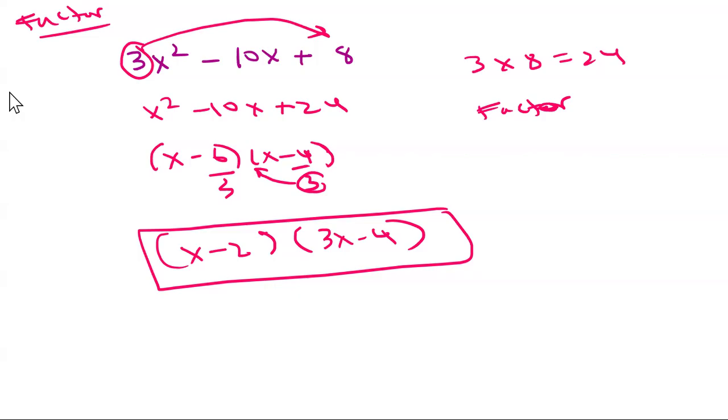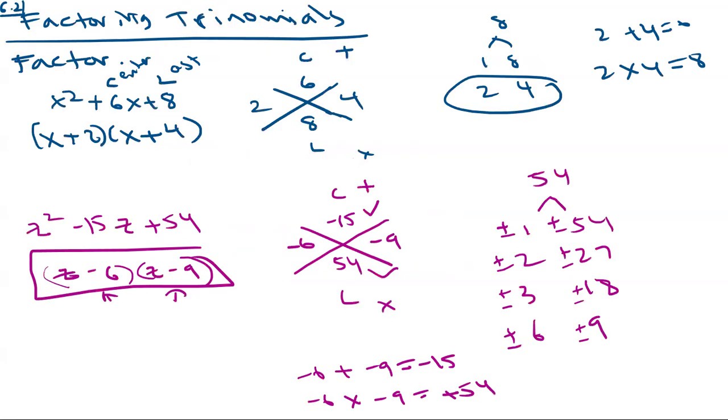So what we just did here was actually 6.3 as well. So section 6.2 was factoring trinomials with the leading term being 1 as a coefficient, right? So this was 1 as the leading coefficient. That was basically 6.2.